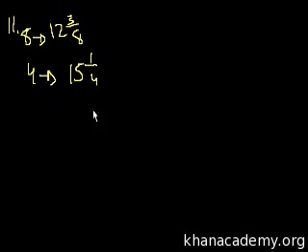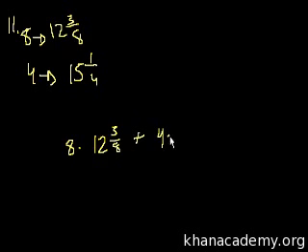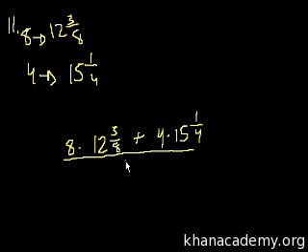For these 8 packages, we know their average. So the sum of the weights is going to be 8 times 12 3/8, plus 4 times 15 and 1/4, and we're going to divide that by the total number of packages, 12.